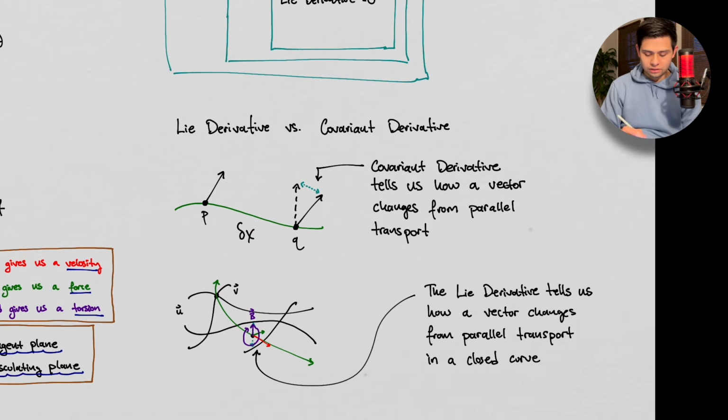And as it does that, it's going to deviate from its parallel counterpart at the vector space located at Q. And so we're going to get a vector, and that vector is going to tell us something about what the difference is between the transported vector and the parallel transported vector. Okay.